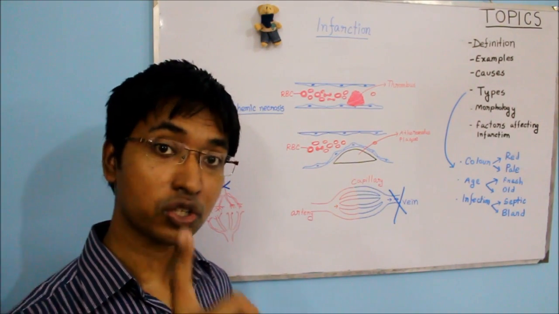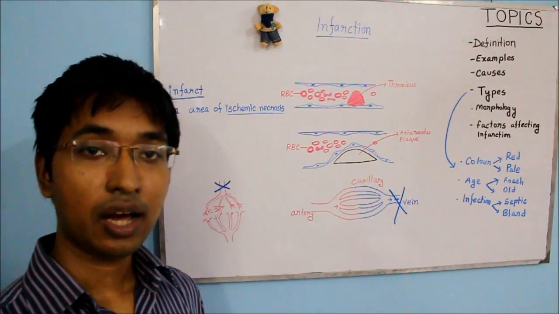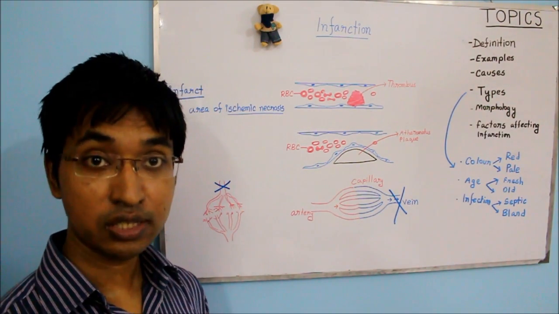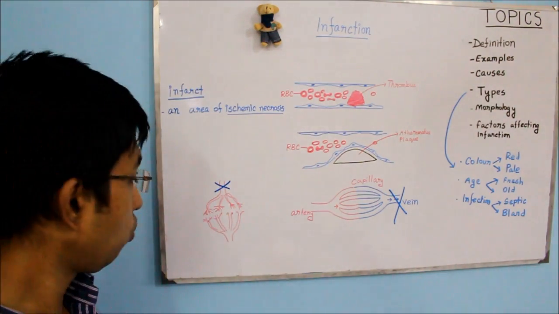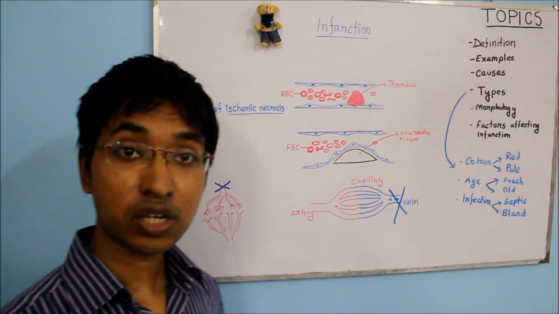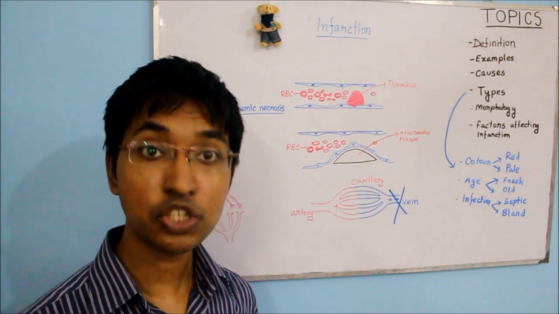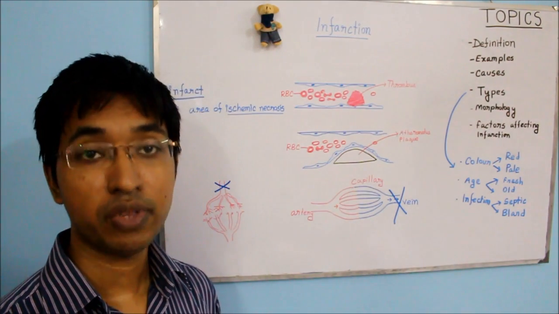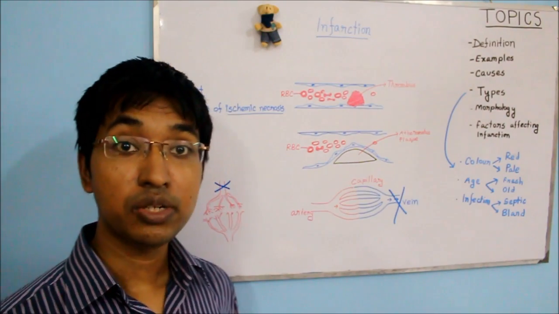However, also note that since the other artery, the other circulation, is still unobstructed, blood will flow from the unobstructed circulation to the tissue, although it is not sufficient to meet the demand of the tissue. So that will result in an infarction that will be red in color.